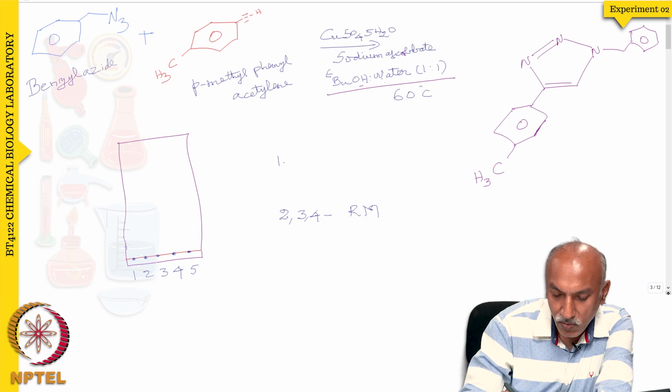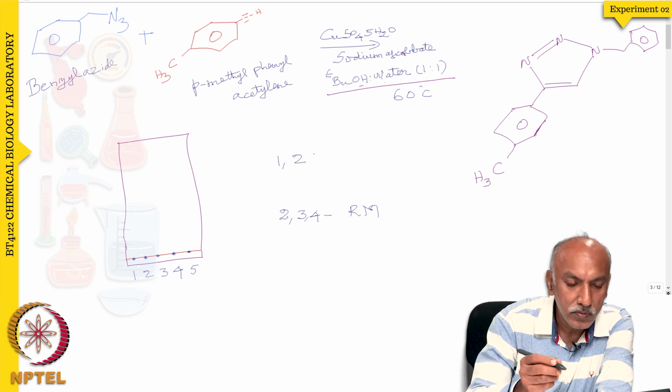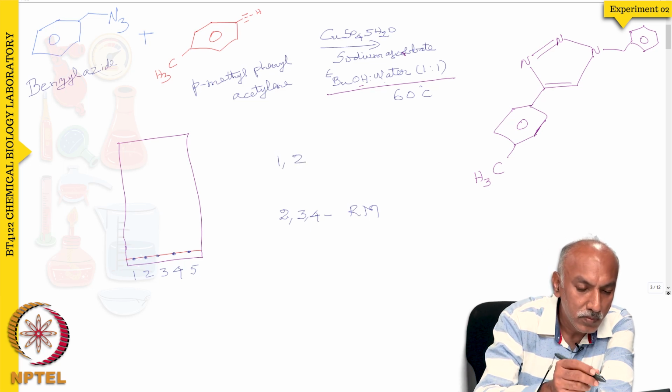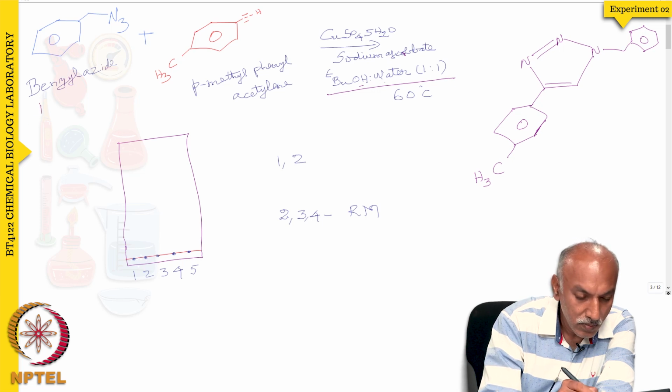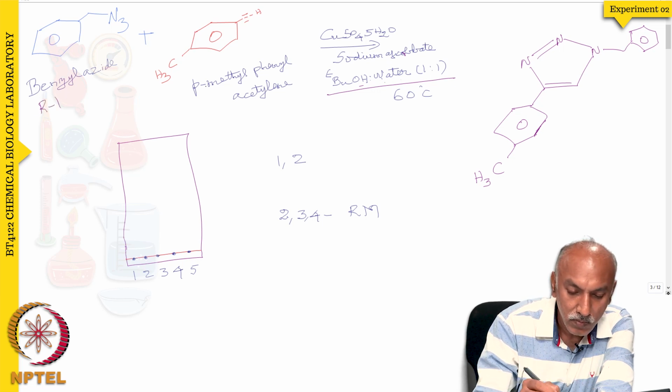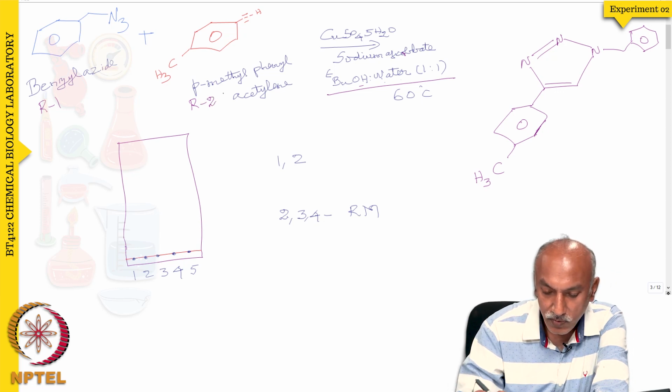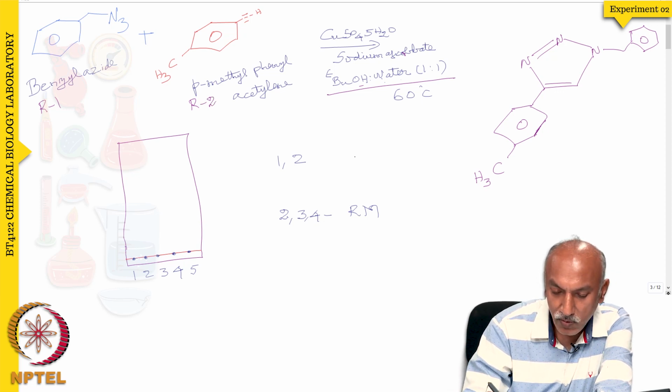Lane 1 and 2 will contain reactant 1, lane 4 and 5 will be co-spotted with reaction 2.